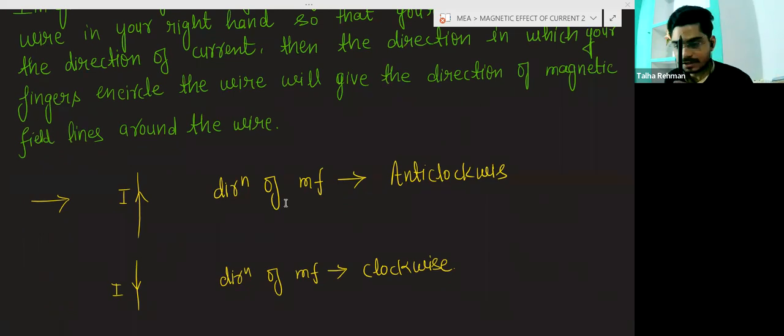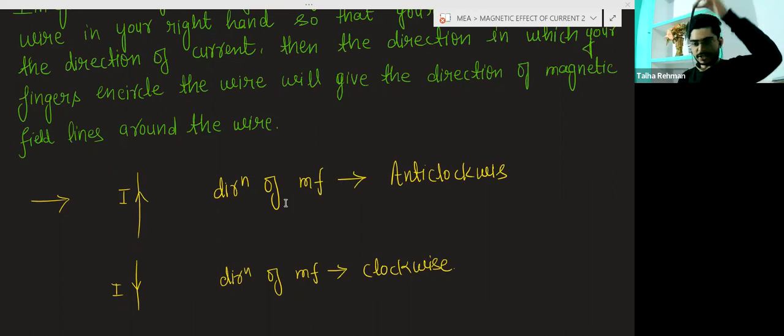This is the wire, and you imagine holding the wire with your thumb in the direction of the current, and you encircle your fingers to hold the wire. So it is anti-clockwise.